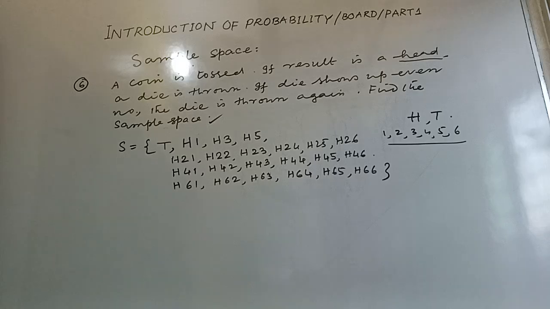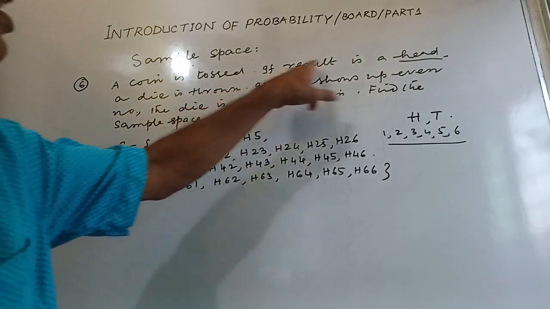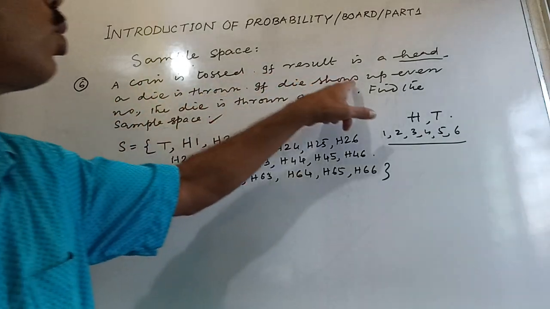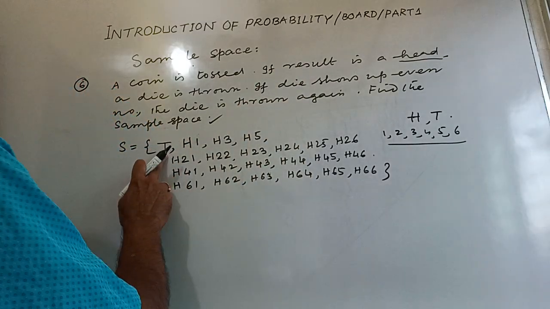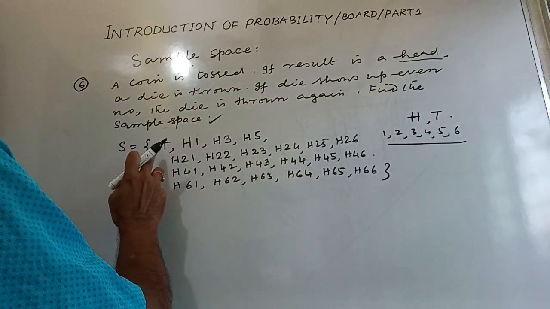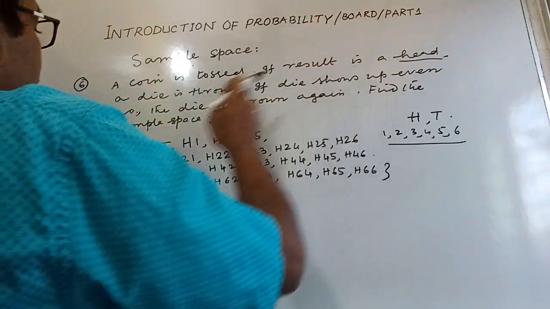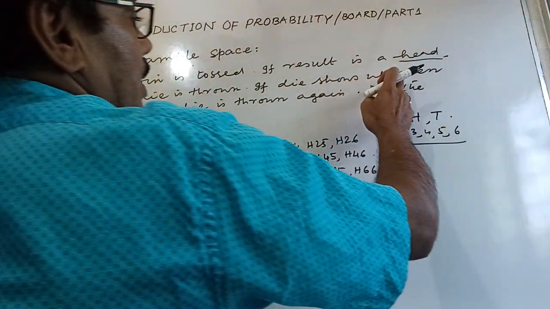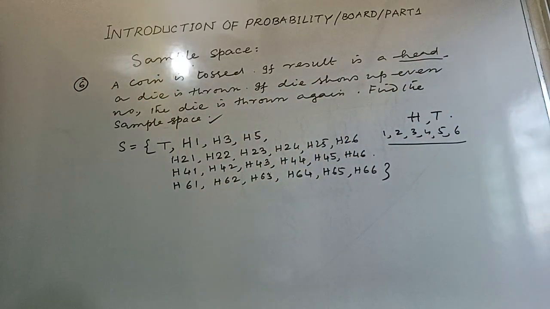Now listen again. A coin is tossed. If the result is a head, a die is thrown. If the result is tail, there are no further cases, so the first outcome is T. If the result is head, then a die is thrown, and if it is even, then again a die is thrown.